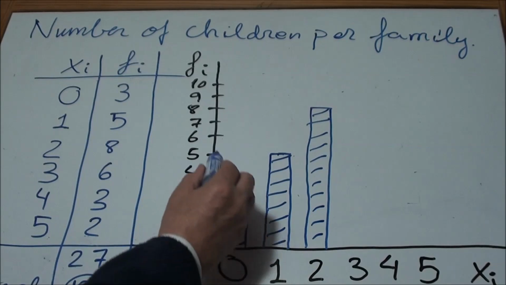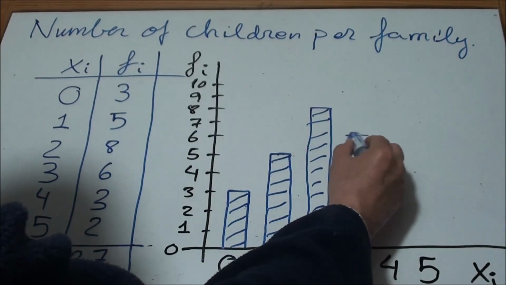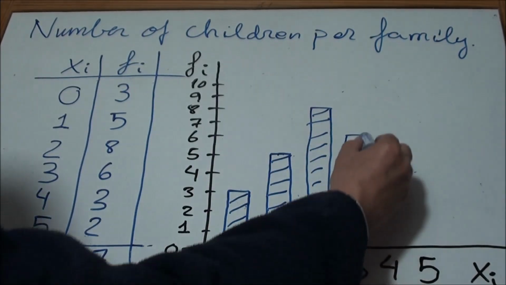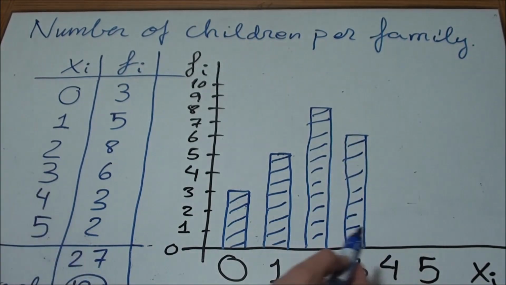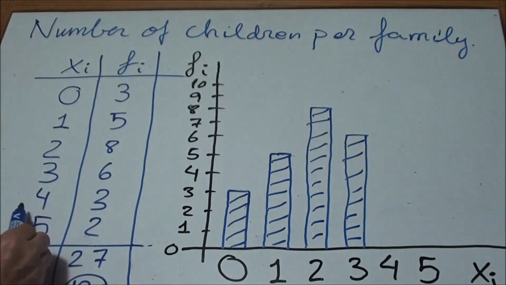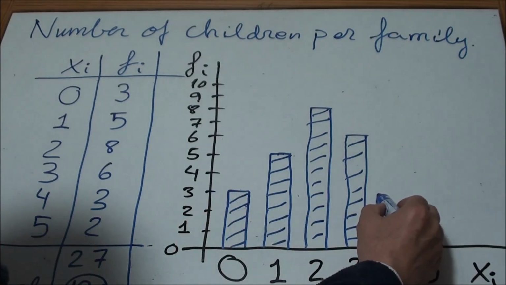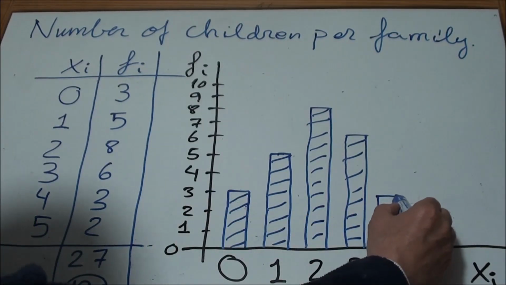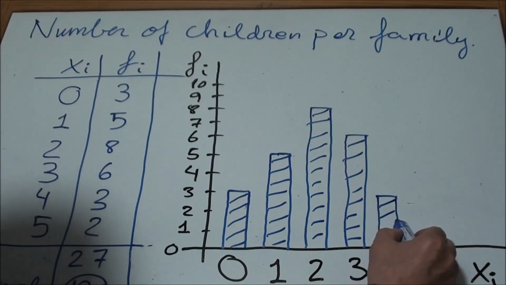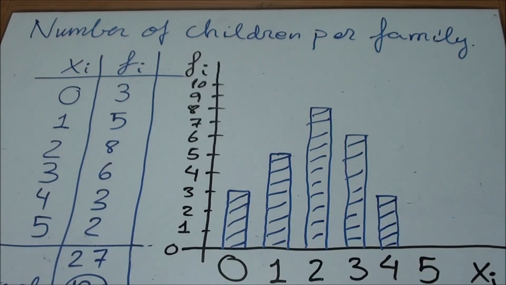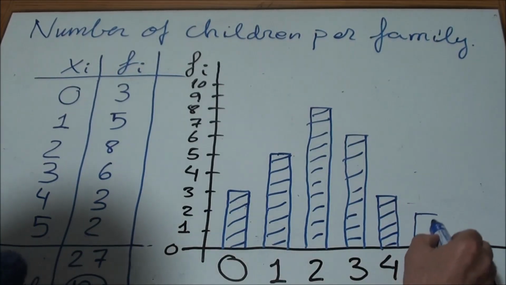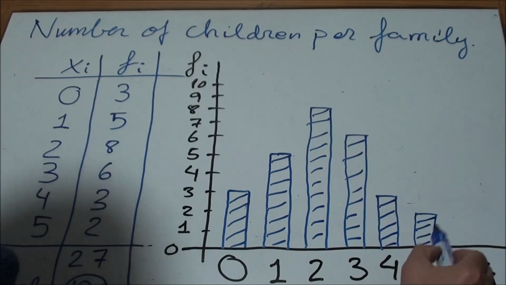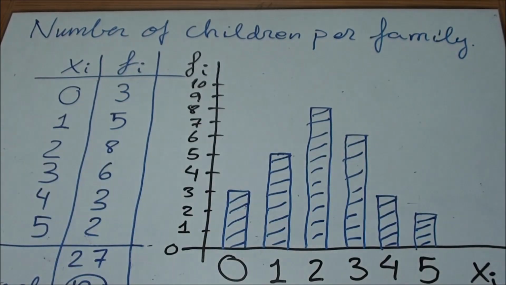For 3 we have 6. For 4 we have 3. And for 5 we have 2. This is a bar chart.